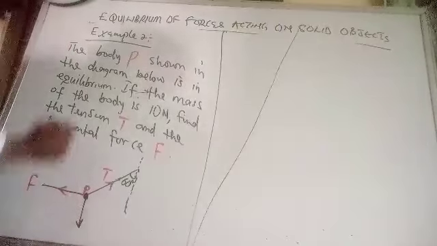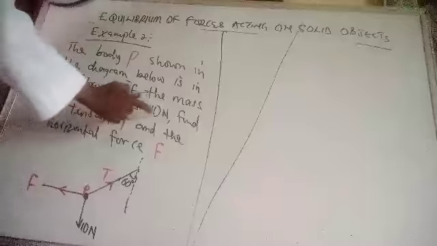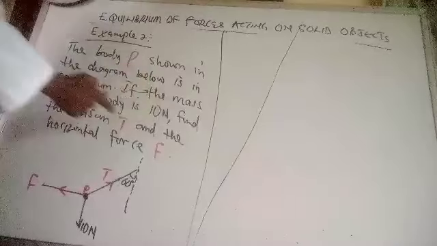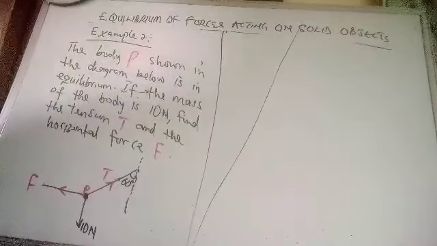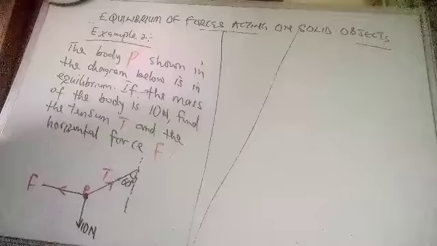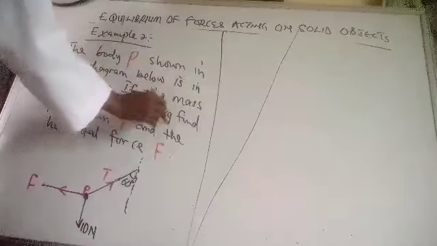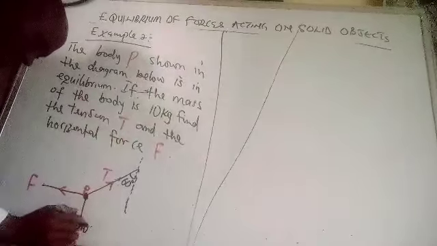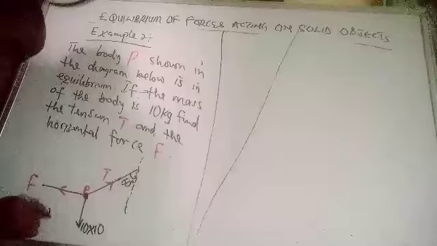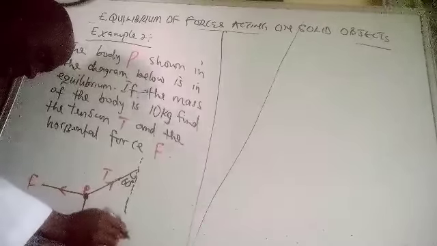And that will be 100 Newton, because we have been given that the mass of the body is 10 kilograms, because mass is in kilograms. So we multiply it by 10. Don't forget, weight is equal to mg, and that will be 100 Newton.